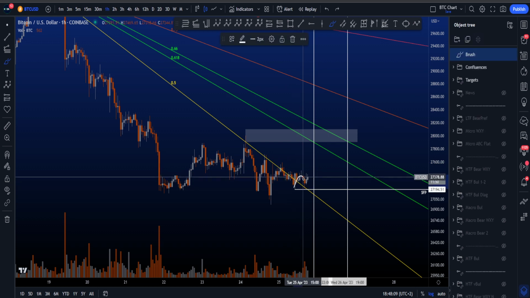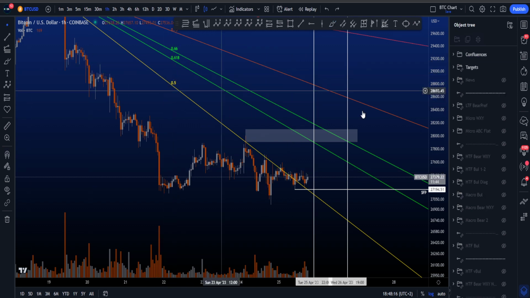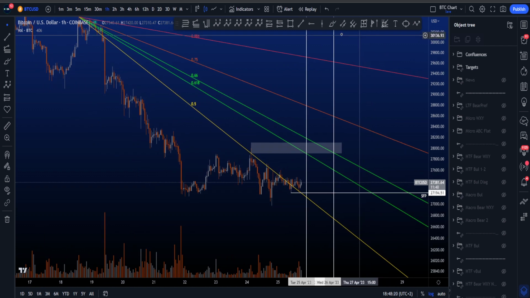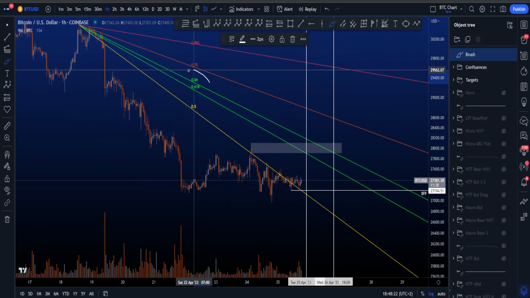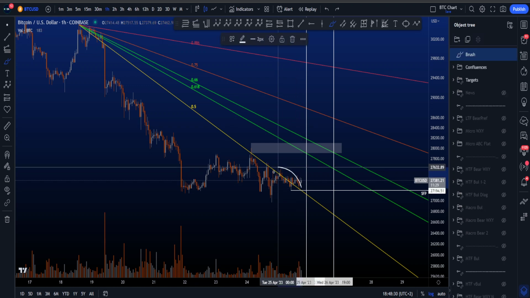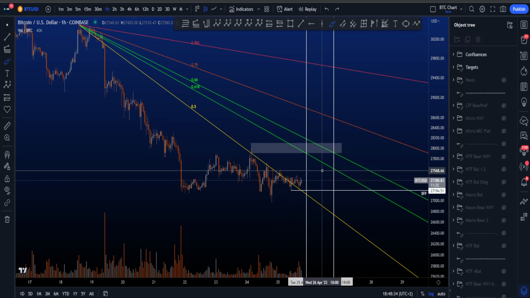Then we went above, kind of backtested it, and now we basically went past the 0.5 fib. When that happens, the probability for price to move onto the next target in the fib speed fan, which is the golden pocket, is higher. The probability increases once the 0.5 is passed that we move on to the golden pocket area.